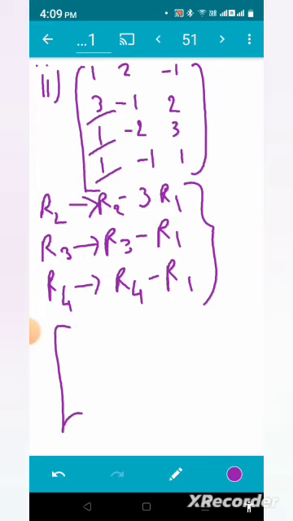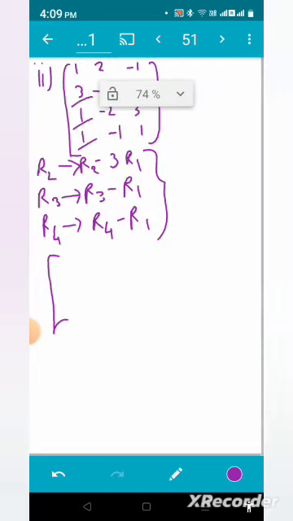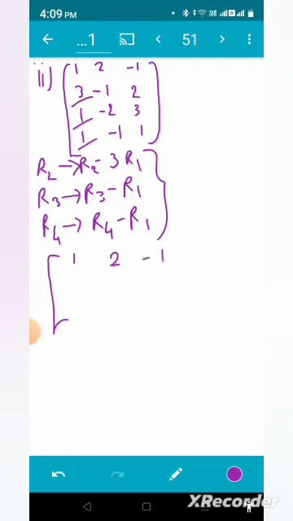So from these equations I create zeros here. First row put it as no change. Second row R2 minus 3R1. So I can multiply this row with 3. R2 minus 1 into 3 is 3. So 3 minus 3 is 0 here, and minus 1 into 3 is 6.